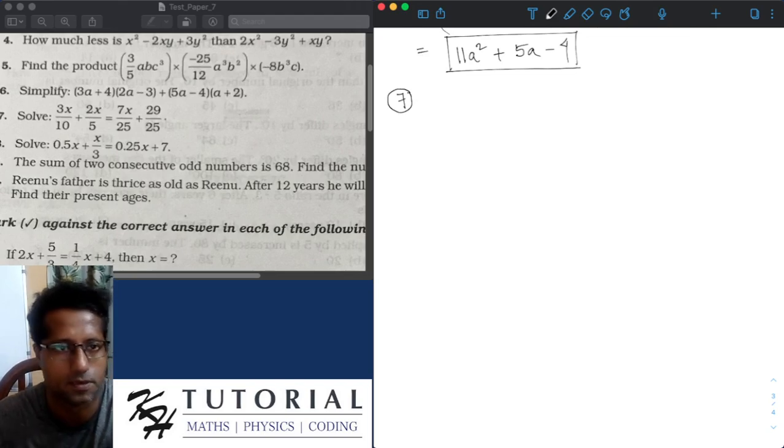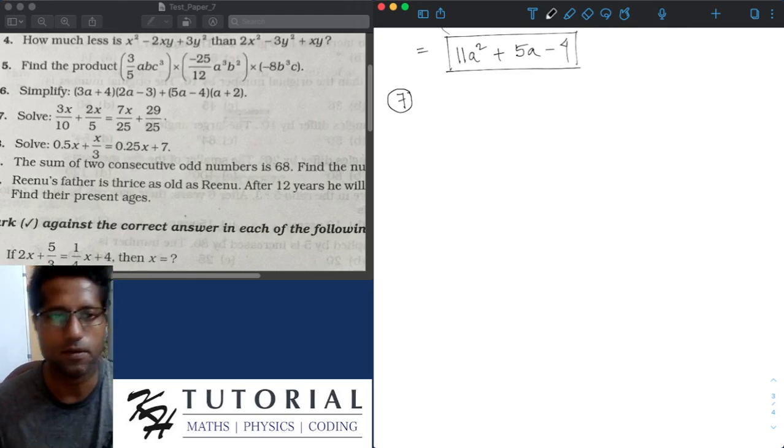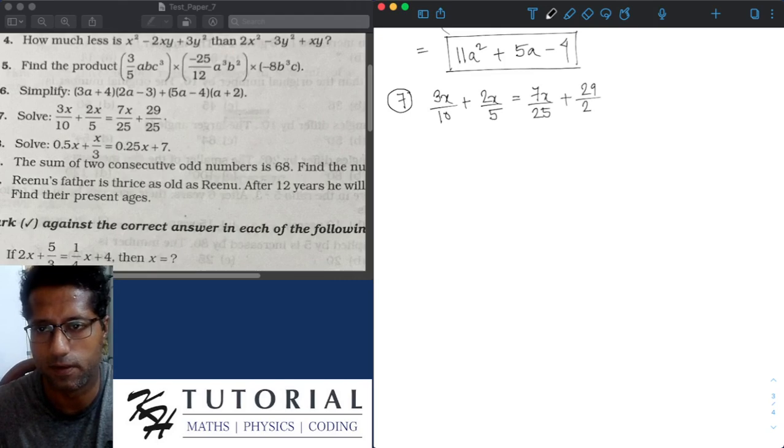Question number 7 says solve. So we have to solve the linear equation. The linear equation is given: 3x by 10 plus 2x by 5 equals 7x by 25 plus 29 by 25.